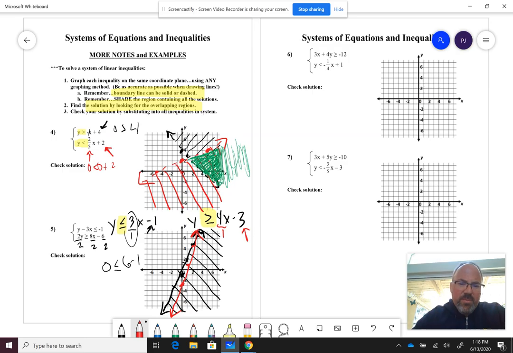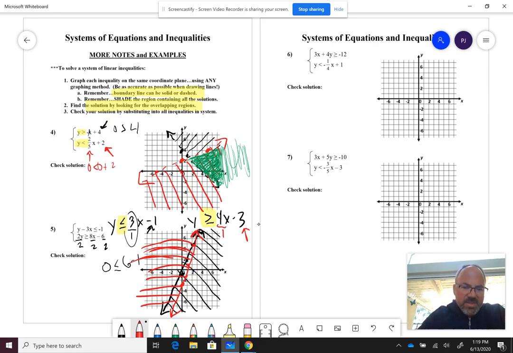Am I going to shade above or below the line? Well, this is a greater than symbol, and greater than means shade above the line. All right, so there's a lot going on here. Understand that where it's just the red is not part of the solution.